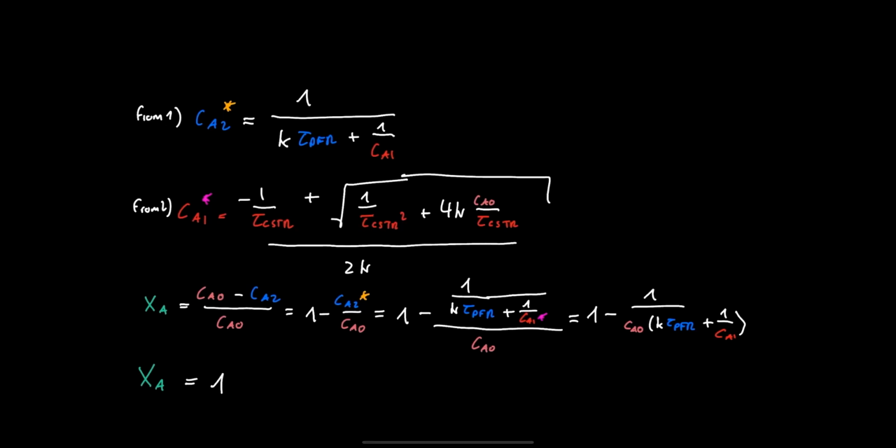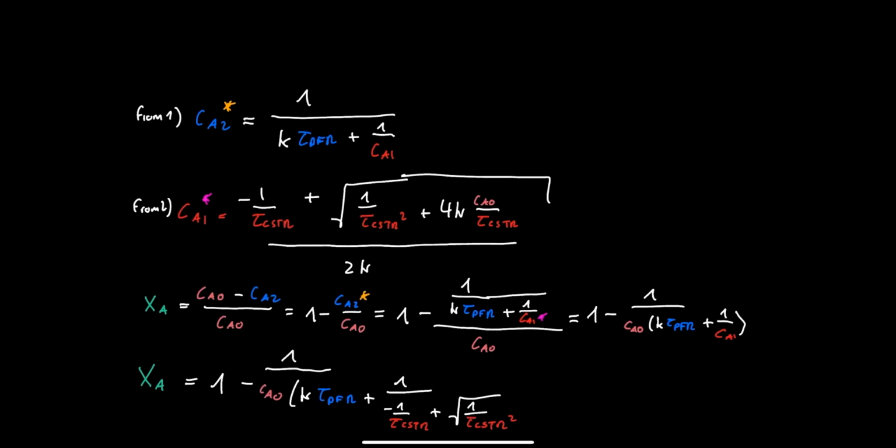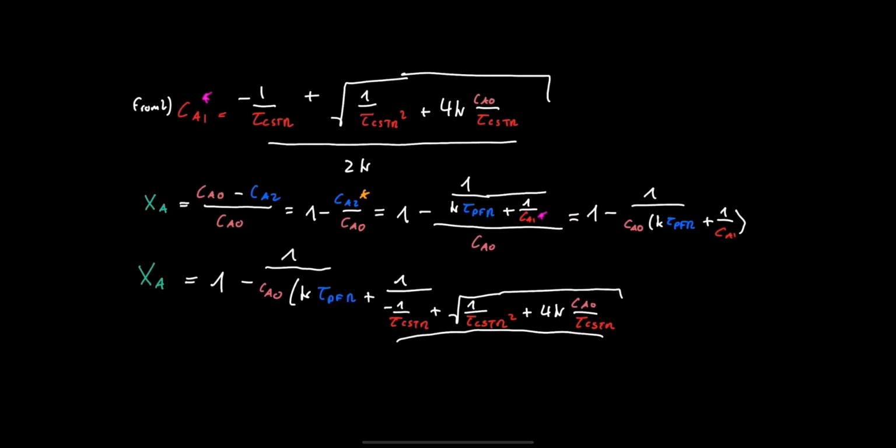So the conversion of species A is going to be equal to 1 minus 1 divided by CA0, parenthesis K times tau PFR plus 1 divided by negative 1 divided by tau CSTR plus the square root of 1 divided by tau CSTR squared plus 4K times CA0 divided by tau CSTR, and this all divided by 2K.